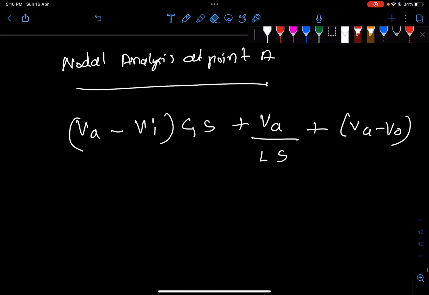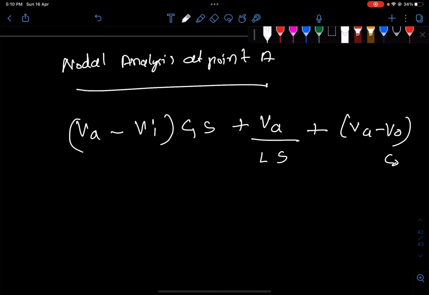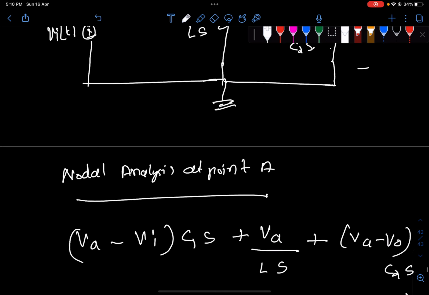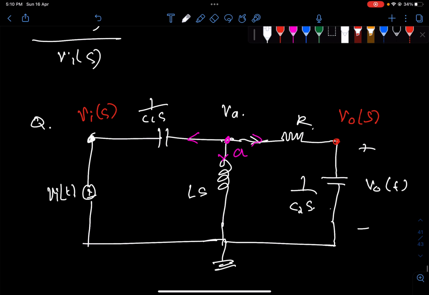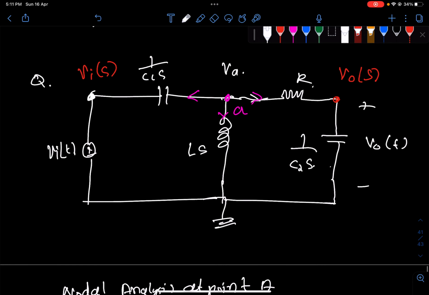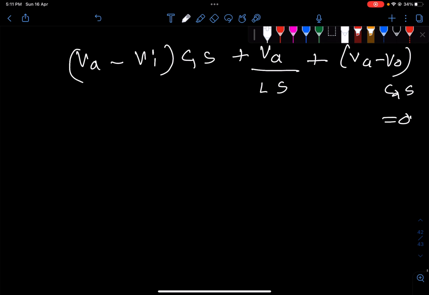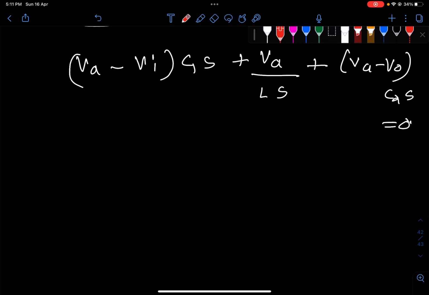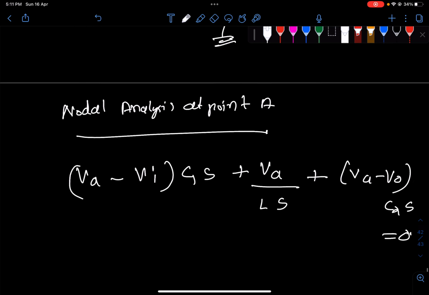Sorry guys, C2 times s. So the outgoing current: first, subtracting the potentials and dividing by the impedance, that is C1 s into (VA - Vi(s)), I just removed the (s). The second case is (VA - 0) divided by Ls. The next case is (VA - V0) divided by 1/(C2 s), that is C2 s multiplied by (VA - V0). So that's our first equation.